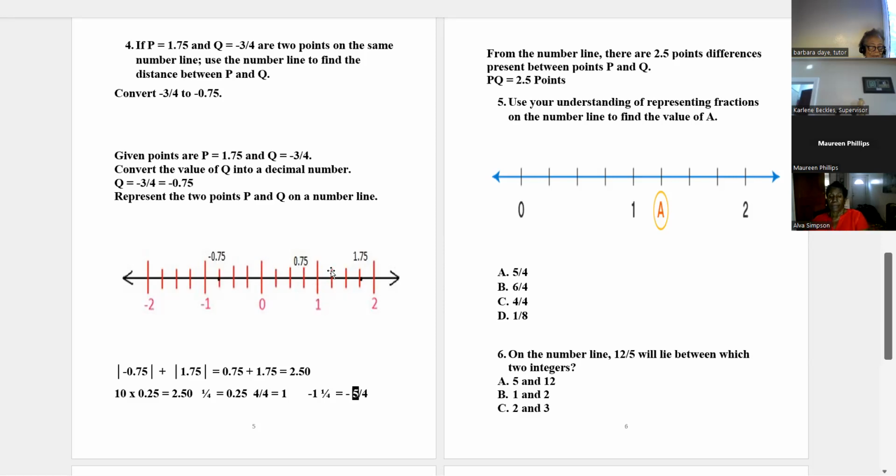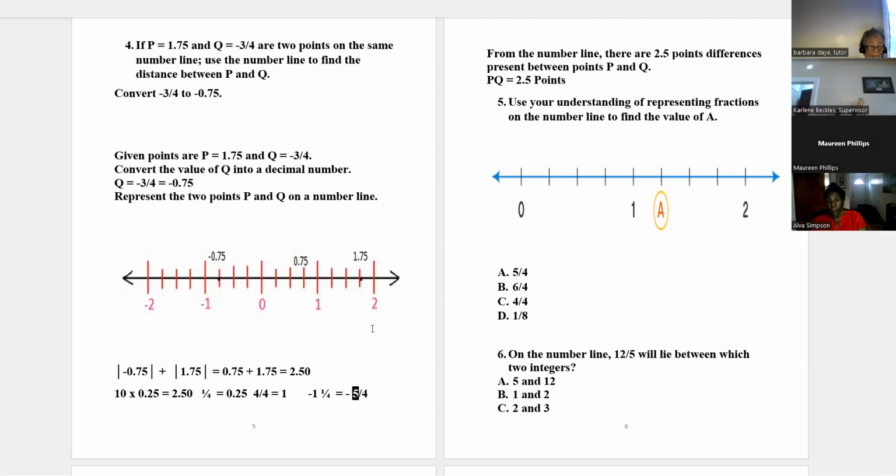This is 1. Now this one would be, just add a fourth. 5/4, 6/4, 7/4, 8/4. 8/4 is a 2.